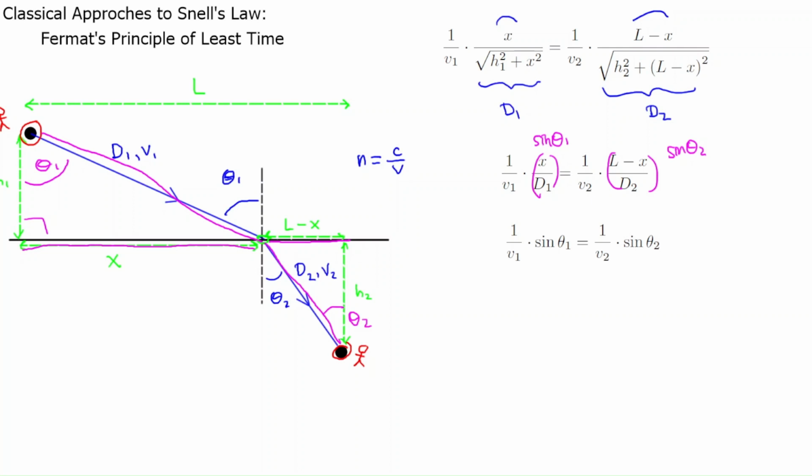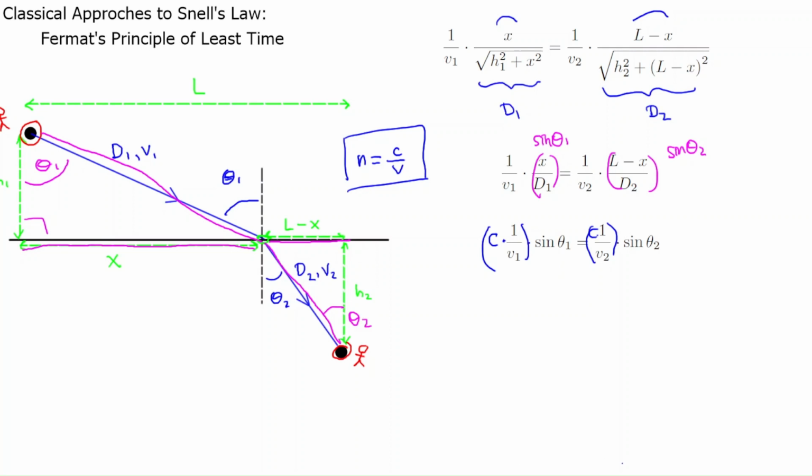Now, if you have seen another approach to Snell's law, you almost certainly see where this is going. But let's just finish this off now. What I want to do next is multiply both sides by c. I'm going to think of these as c over v, and c over v is the index of refraction.